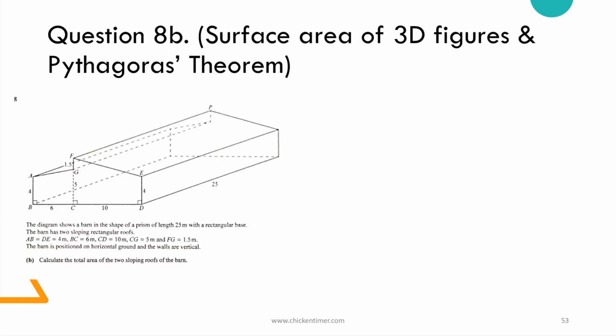Then the second question down here, you need to calculate the total area of the two sloping roofs. So the two sloping roofs will be this one and that one behind.